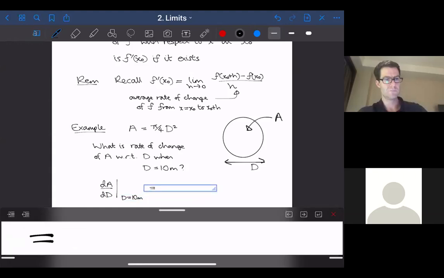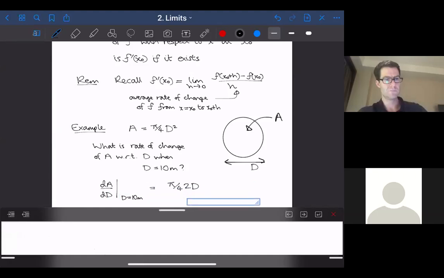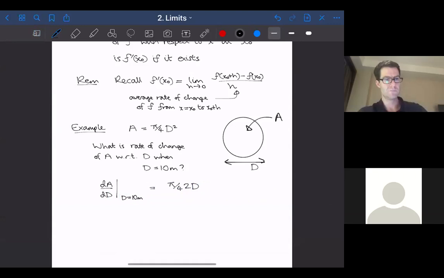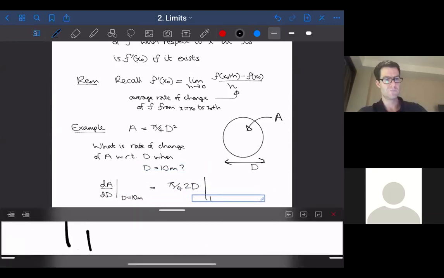And that is pi over 4 times 2D, evaluated at D equals 10 meters.